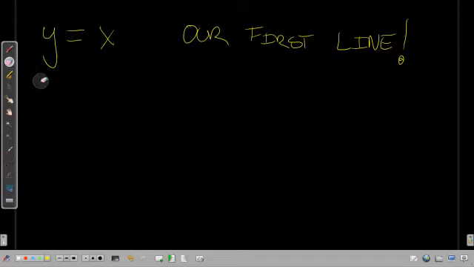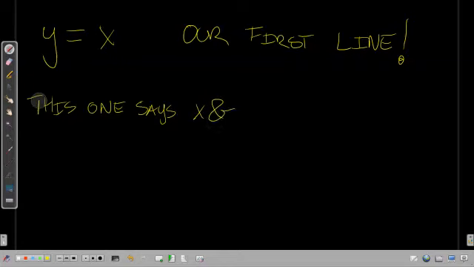That's what this equation is saying. So I can start to list off some points that would have to be on this line.